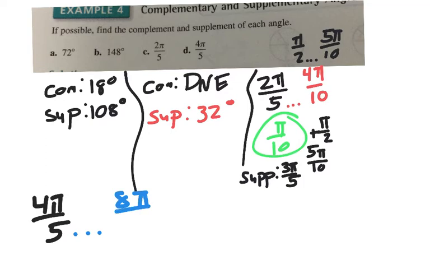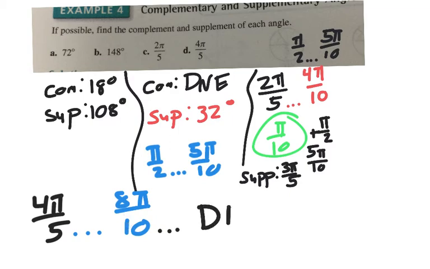If I make this into a common denominator, I have 8 pi over 10, and then I'm wanting to make this pi over 2, which would be 5 pi over 10. So in order to go from 8 pi over 10 to 5 pi over 10, I'm going to have to subtract, which is going to be a negative angle, which again confirms that the complement does not exist. So there is no complement.